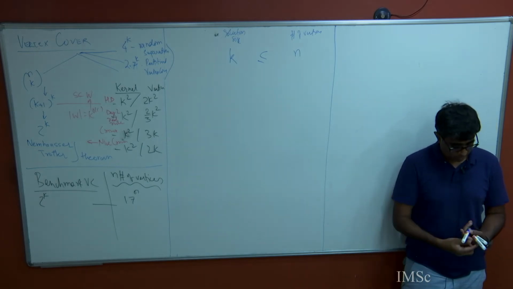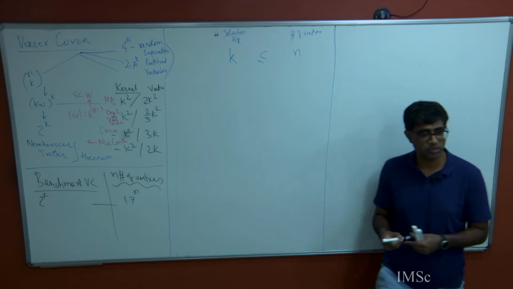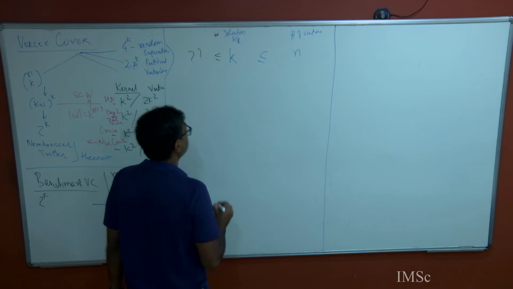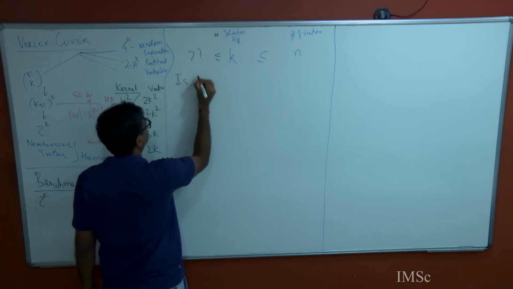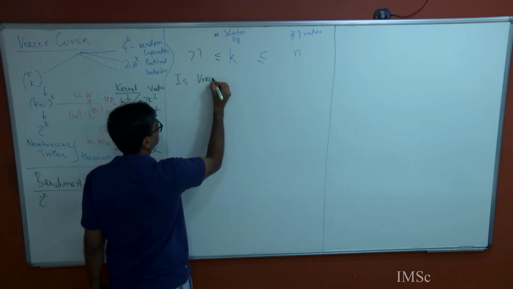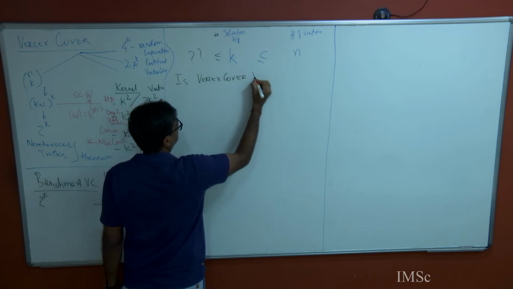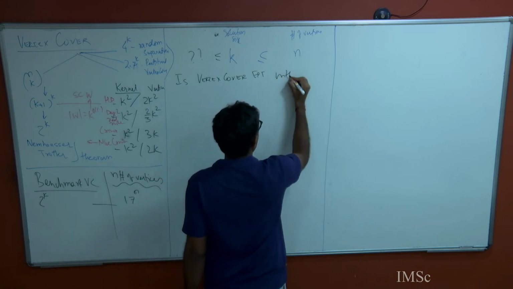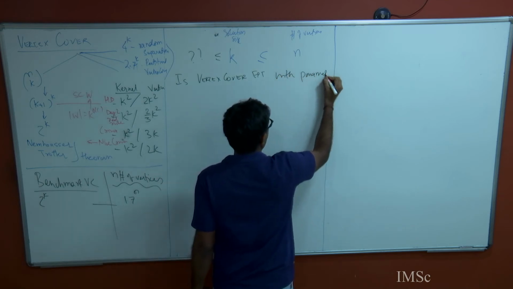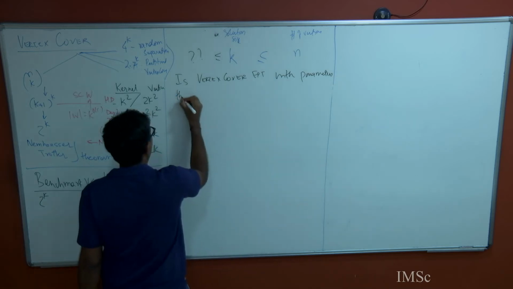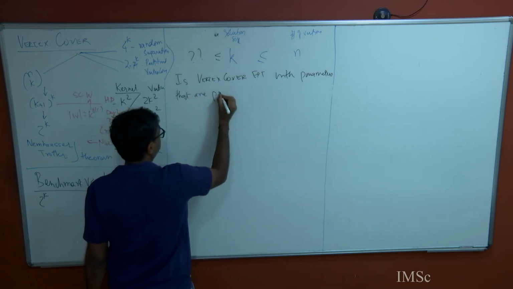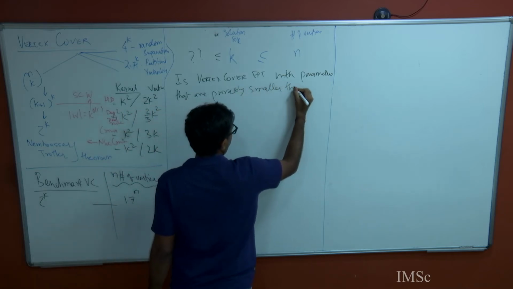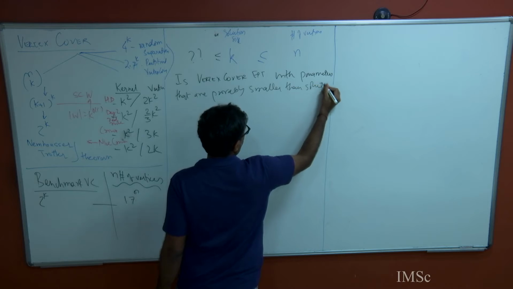So what is a natural question to ask? What are the parameters here? Is vertex cover FPT with parameters that are provably smaller than solution size?